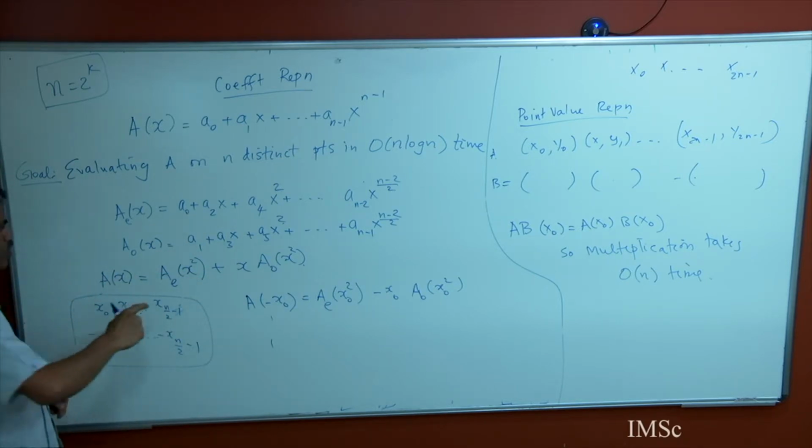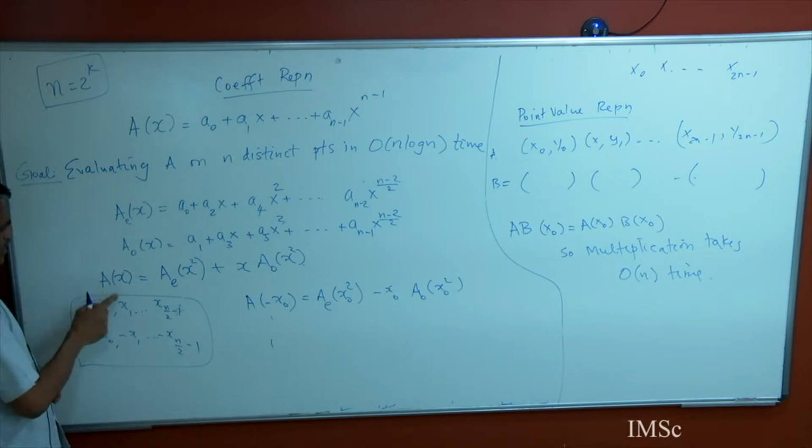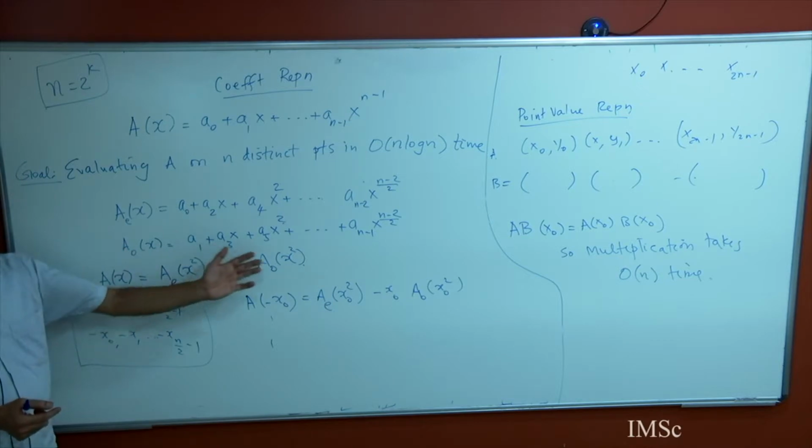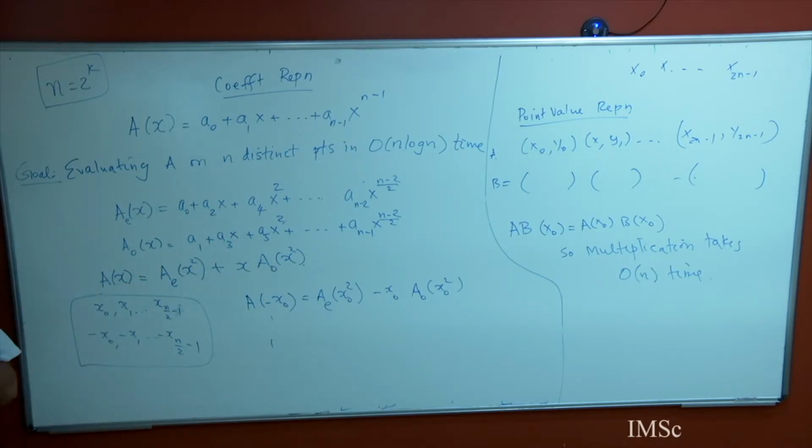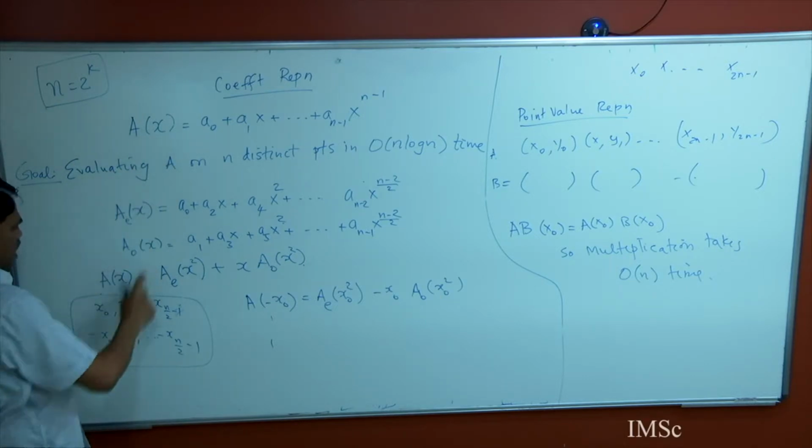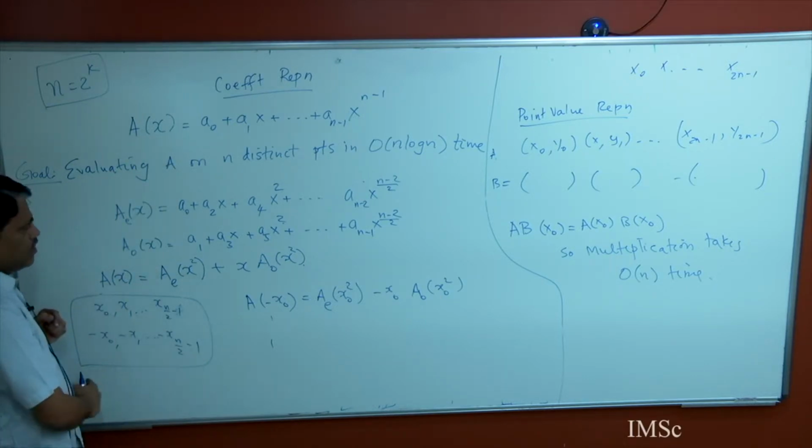After that, to compute A at these values, I can just reuse some of the work which I have already done here. Is that clear? Do we have a divide and conquer algorithm? Do we have an n log n algorithm? Question? So, my algorithm now is: you want to evaluate A at these endpoints.